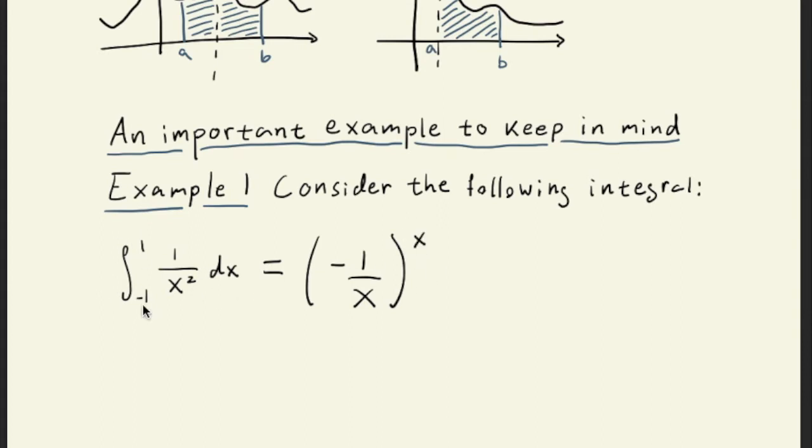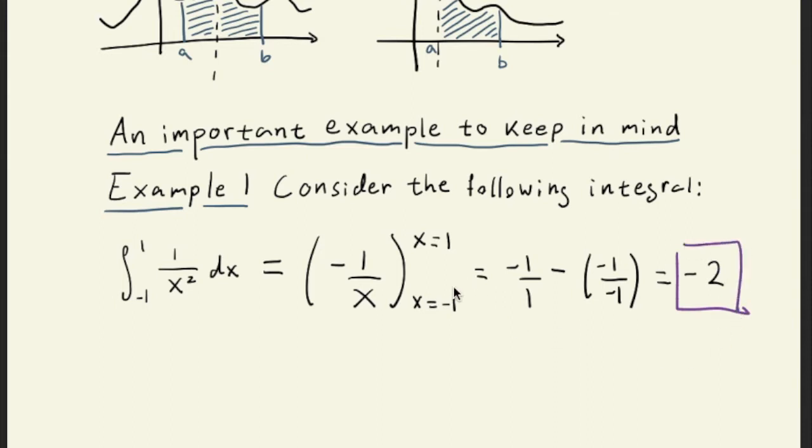Integrating from -1 to 1, you plug in x equals 1 and x equals -1. Plugging in x equals 1, we get -1 over 1, minus, plugging in x equals -1, we get -1 over -1. So this is -1 minus 1, which is -2. That's the integral.